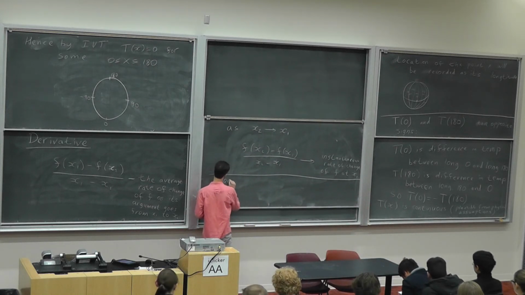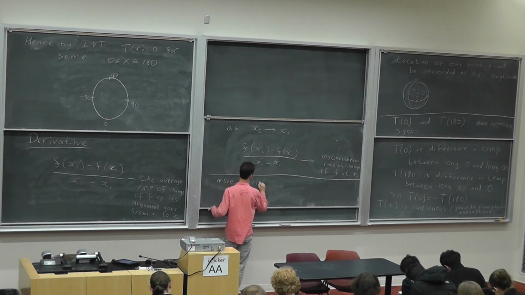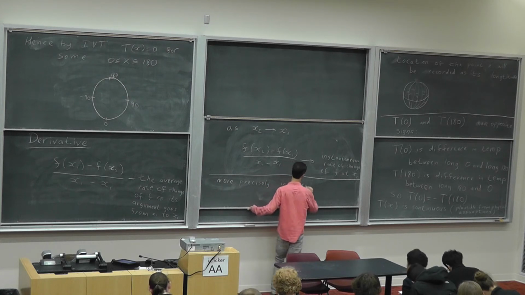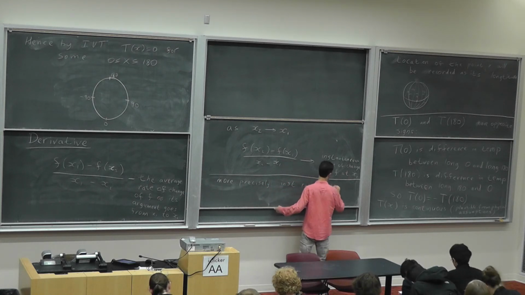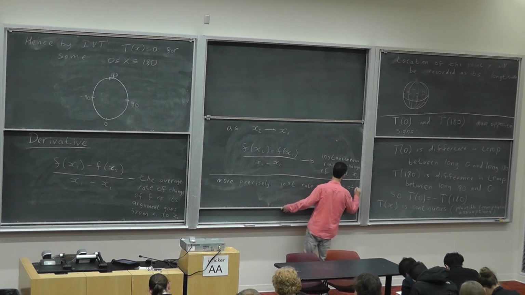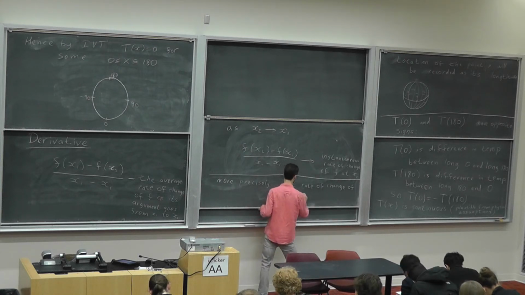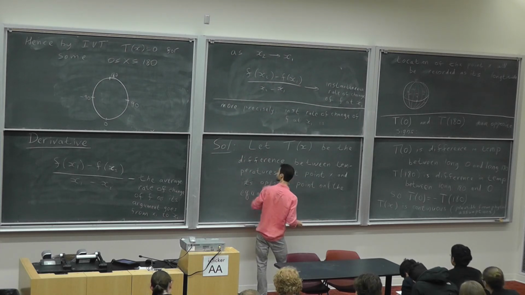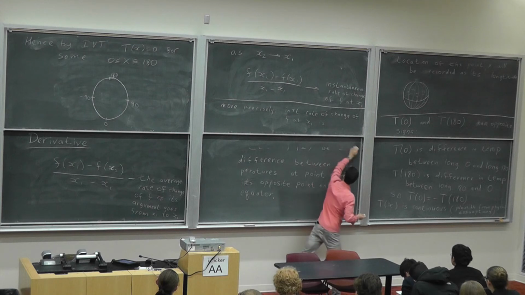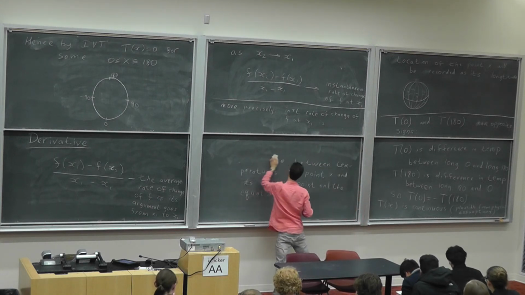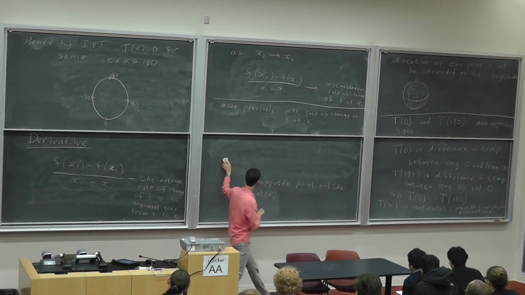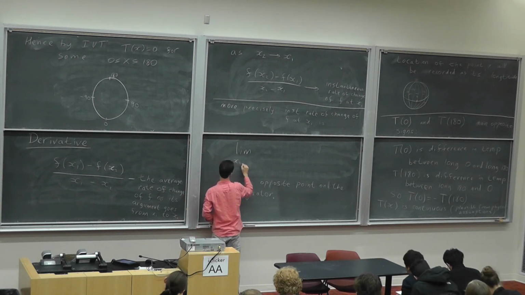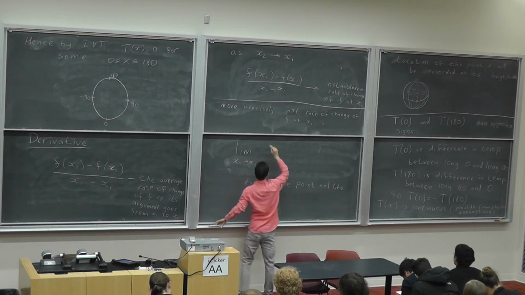More precisely, the instantaneous rate of change of f at x1 is, now we have a very precise way to formulate it, the limit as x2 approaches x1 of this quotient.